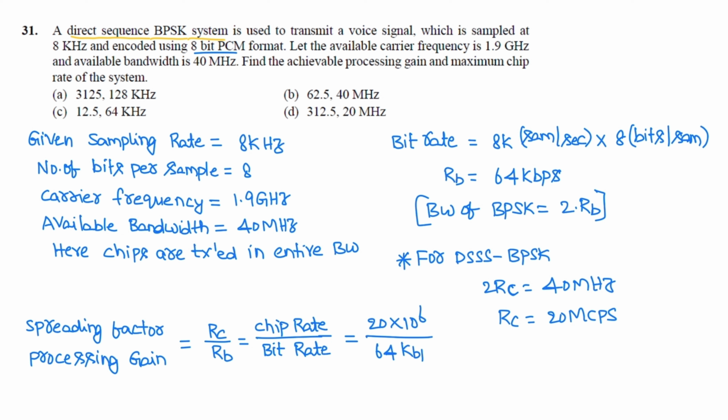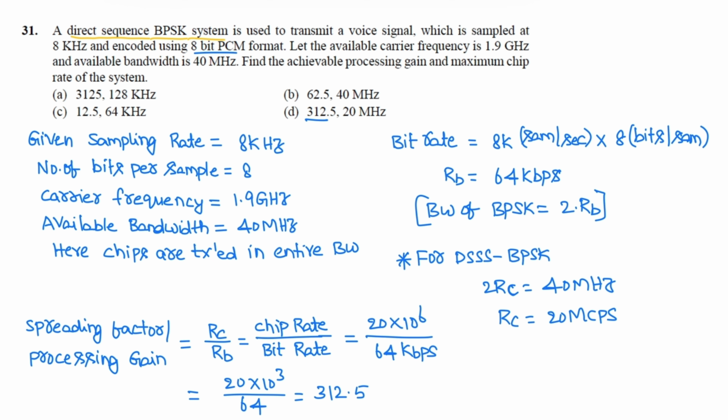So that is 20,000 by 20 into 10 cube divided by 64. Its value is 312.5. Spreading factor or processing gain is 312.5 and chip rate is 20 megahertz. So correct option is D.